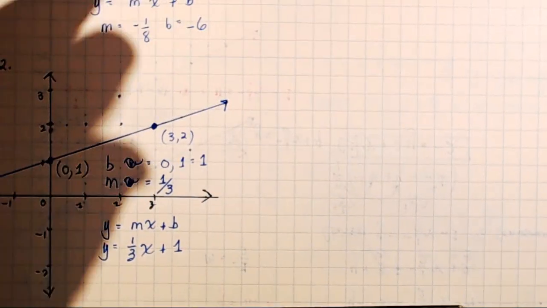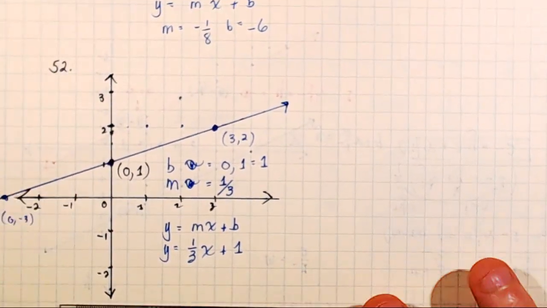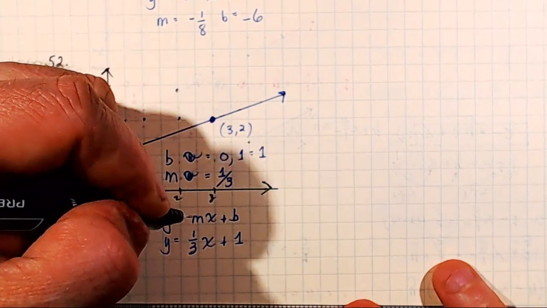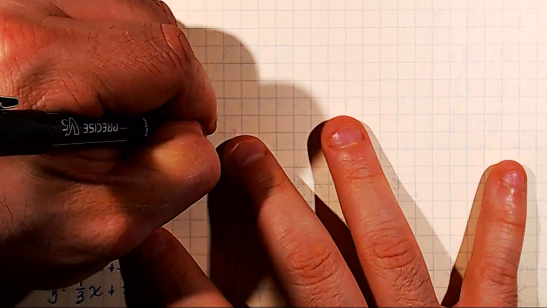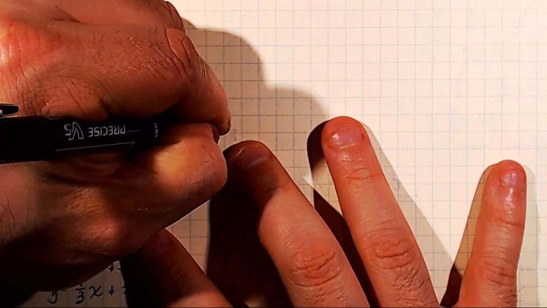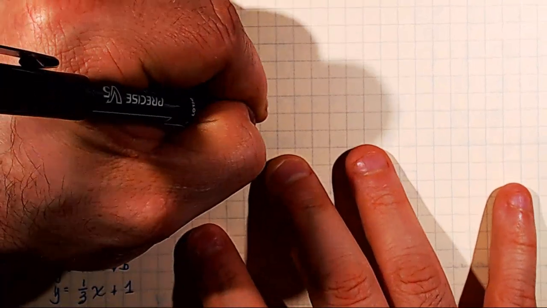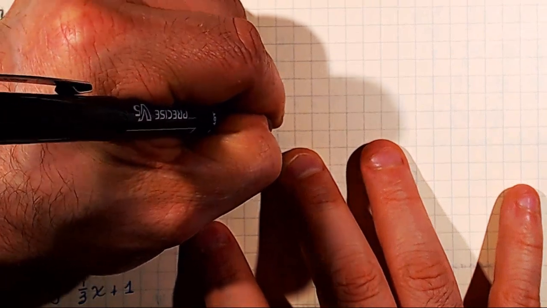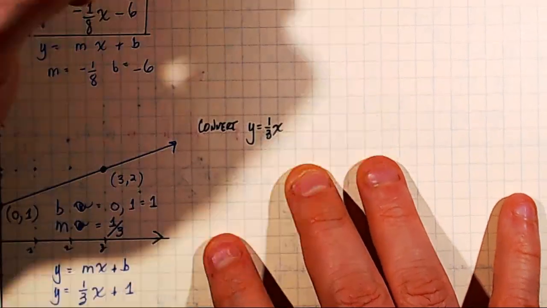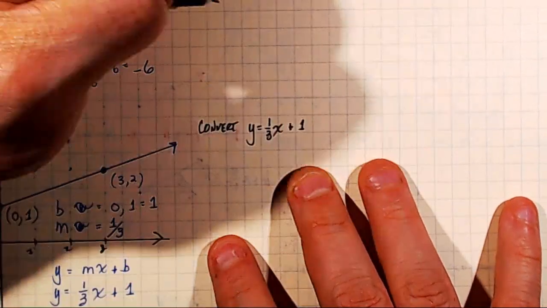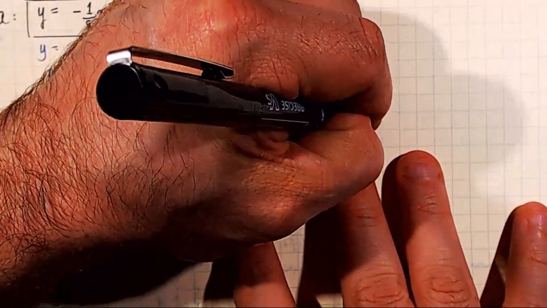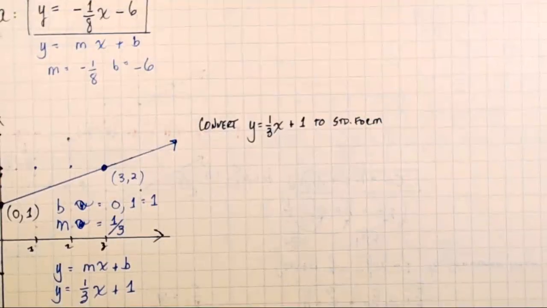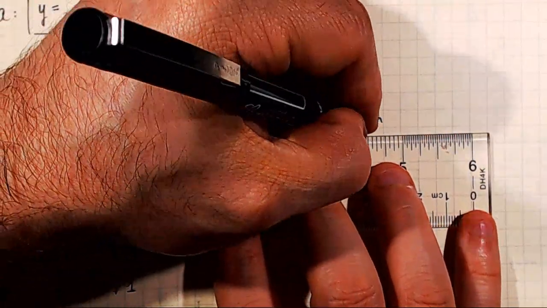Now I've got to convert that to standard form. Okay, so to convert that to standard form, I'm going to make some space over here, convert y equals 1/3 x plus 1 to standard form. Okay, that's what our goal is.